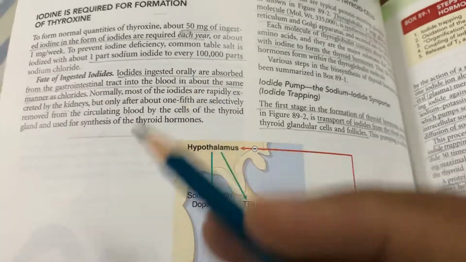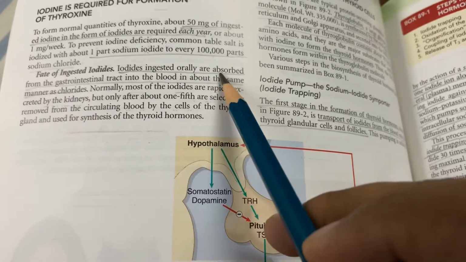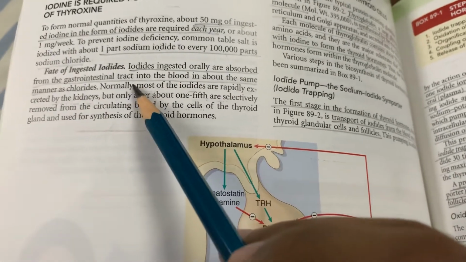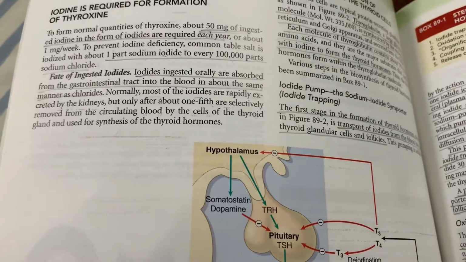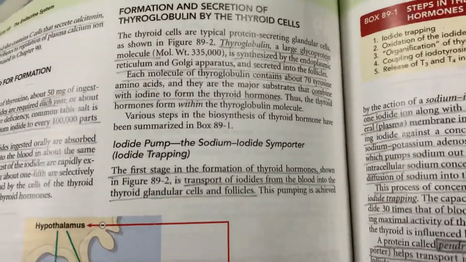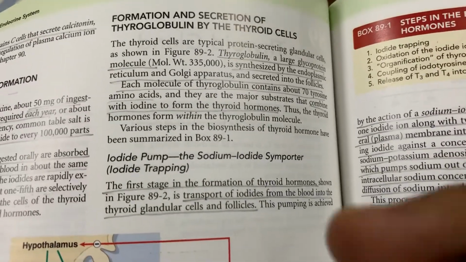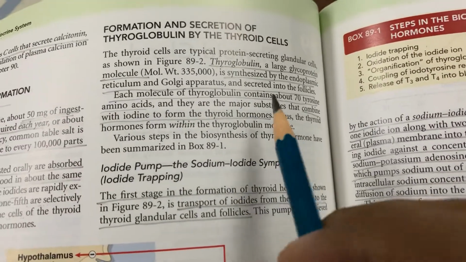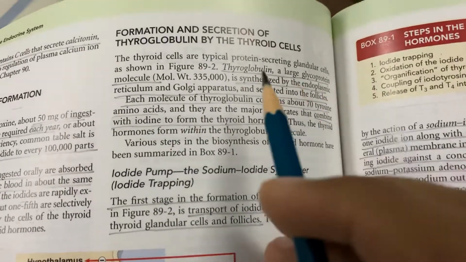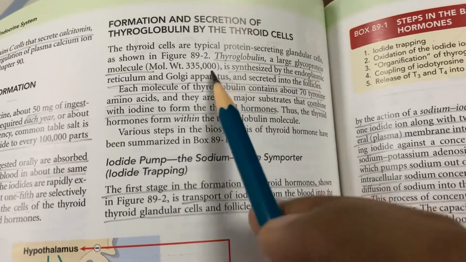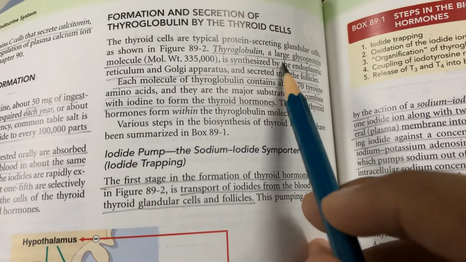So what happens to the ingested iodide? They are absorbed from the gastrointestinal tract into the blood in about the same manner as chlorides. Okay, so you've taken in some of the iodine through your diet. What happens then? So the GIT absorbs it, and then thyroglobulin, we talked about it earlier. It is present in the colloidal part.